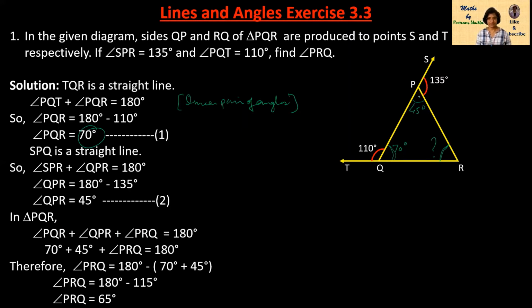So angle PQR plus angle QPR plus angle PRQ equals 180 degrees, and here we are putting in the values of these two, 70 degrees and 45 degrees. Now it will become 115 degrees, and we subtract 115 from 180 degrees. So we get 65 degrees. So this angle will be 65 degrees.